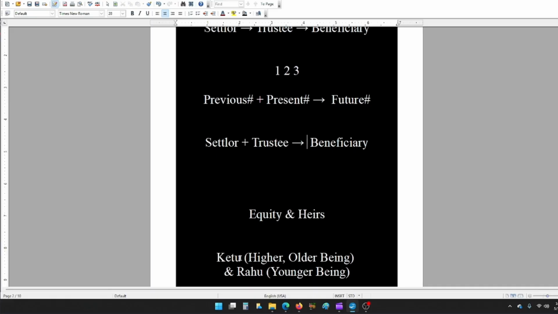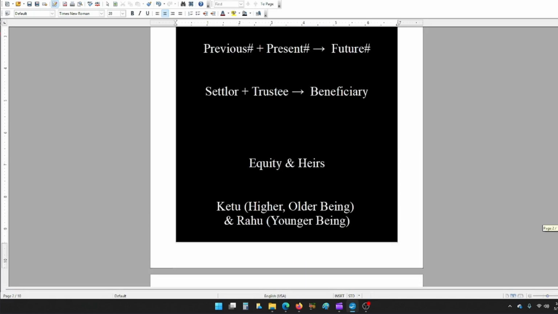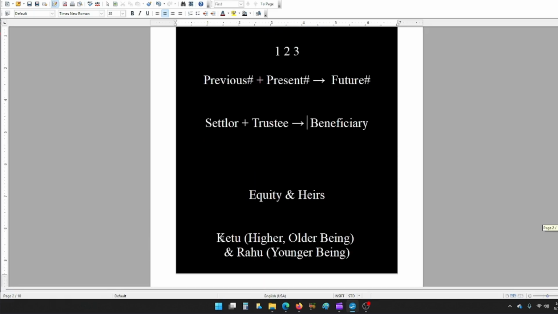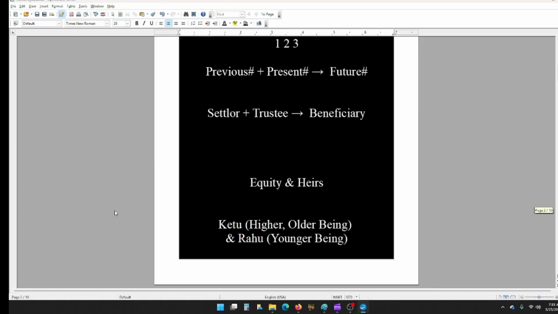Ketu is the higher, the older being. That's the equity. Rahu is the younger being. That's the heirs. Ketu is the higher, older outlook. Rahu is the younger outlook. Younger version of younger insights. Ketu is the older insights. That's where equity and heirs come in. And that's not all.